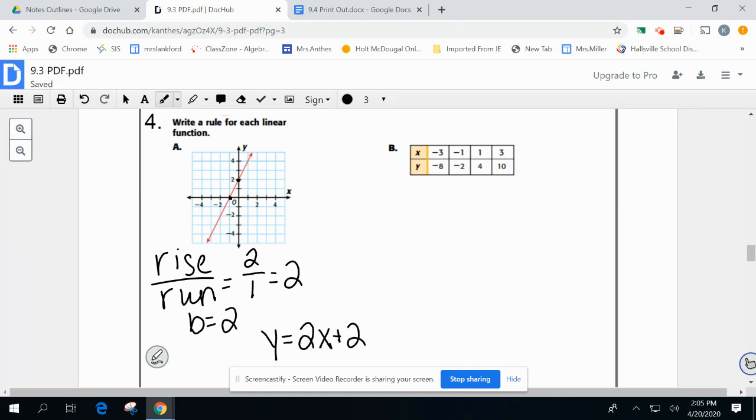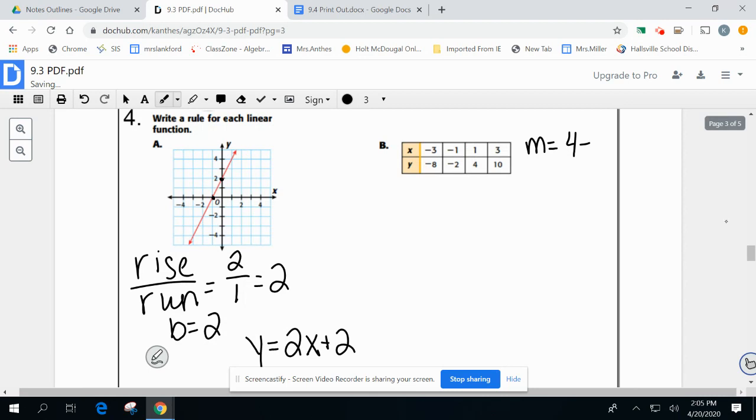On b, I'm going to pick 2 points, plug them into the slope formula. So 4 minus 10 over 1 minus 3 equals -6 over -2, which equals 3. And then I'm going to choose to plug in 1 comma 4.